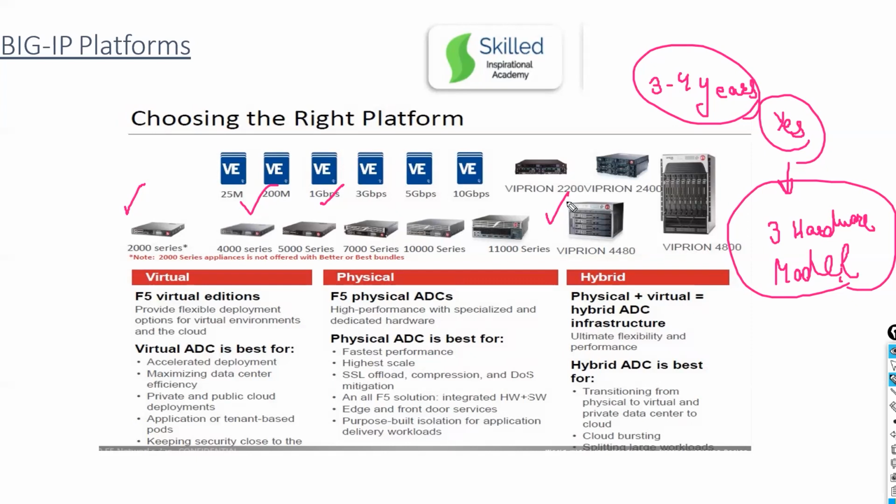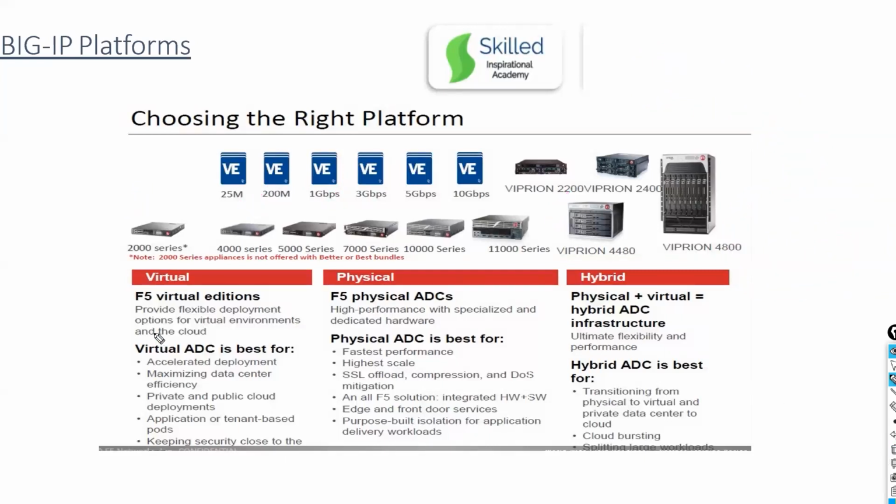So guys, very important. When you deploy F5, F5 can be deployed as a hardware model, that is called physical, as a virtual appliance, or physical and cloud. So let's say when you want to migrate from physical to virtual, or from a private data center to the cloud, then you can follow hybrid. Let's say I want to just implement a virtual edition.